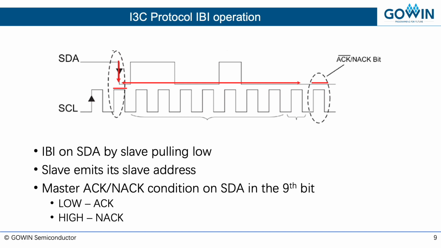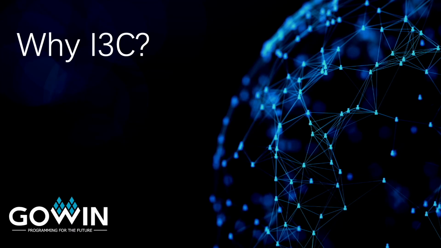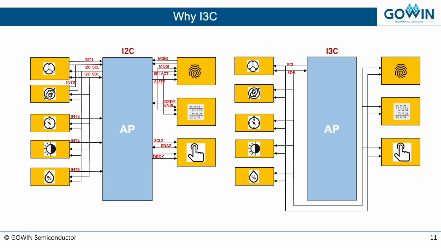This is all good, but why would you need to use the I3C interface in your design? What are its advantages and benefits? We will discuss these in the next few slides. On a typical mobile phone these days, there are different kinds of sensors to measure distance, light, temperature, brightness, and pressure.